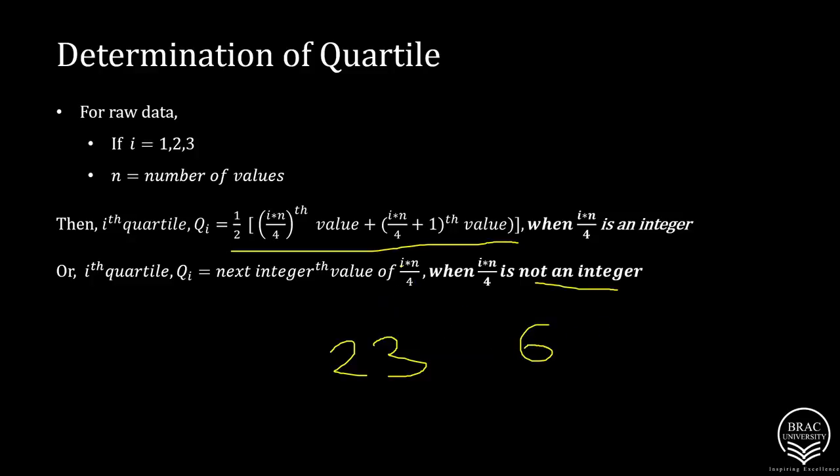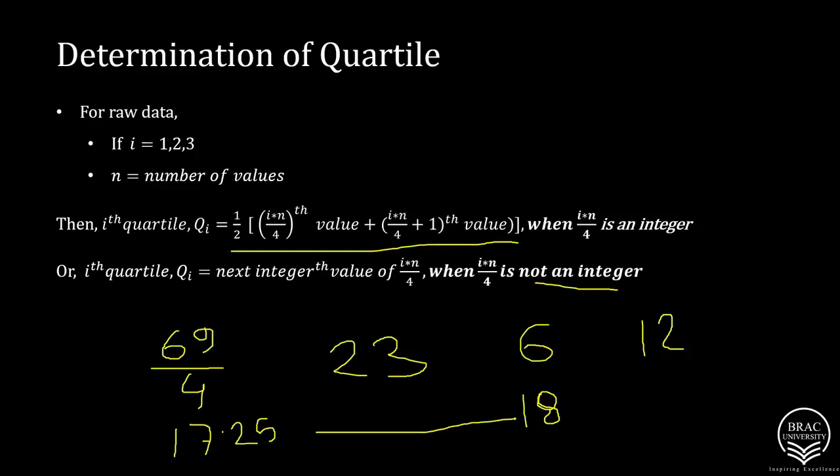The second quartile will be the 12th value, and the third quartile will be the 18th value, because you can see that 3 into 23, 69 by 4, that is 17.25. So the next integer is 18. This is the third quartile. Remember, this is not the value of the quartile. The 6th value in ascending order will be the first quartile, and so on.